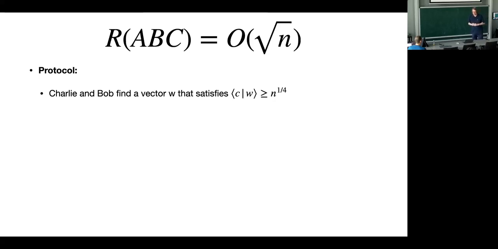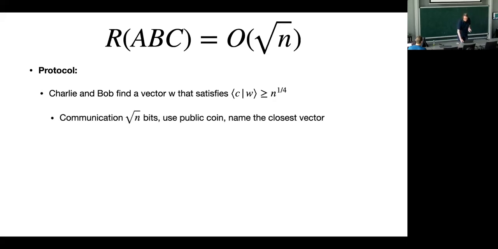If you have enough of them, namely 2 to the root n would be enough, then you can find one of those vectors, W, that has an inner product at least n to the minus 1/4 with this vector, and Charlie can tell Bob which vector to use, which takes square root n bits.